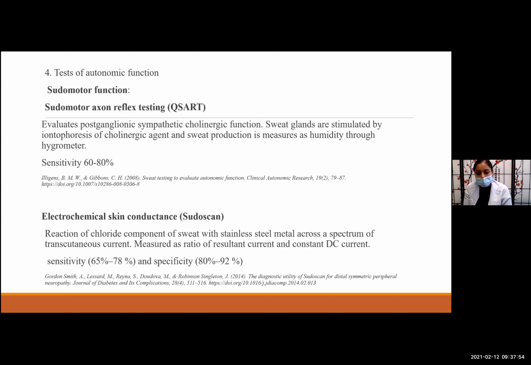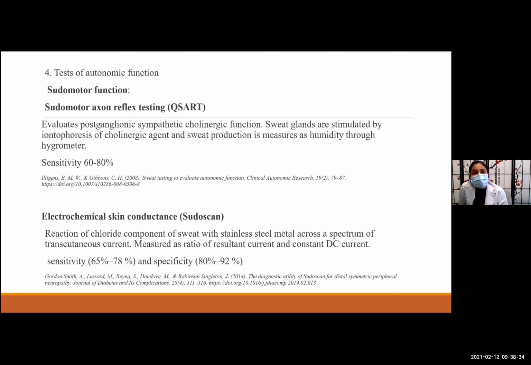Iontophoresis is transmitting a chemical cholinergic agent through your epidermis, and this stimulates your sweat glands to produce sweat, and the humidity is measured using a hygrometer. It is found to be 60 to 80% sensitive. In a study done at Massachusetts General Hospital, using QSART, 69% of the time it found an abnormal finding when a patient had small fiber neuropathy. So it lies within the sensitivity of 60 to 80%.